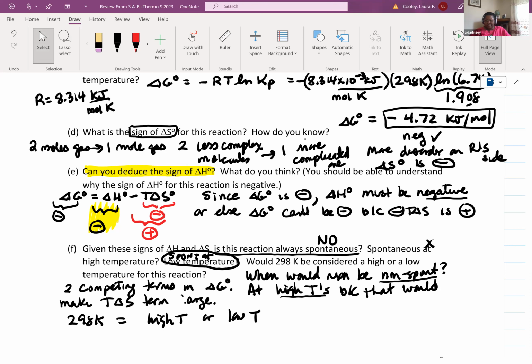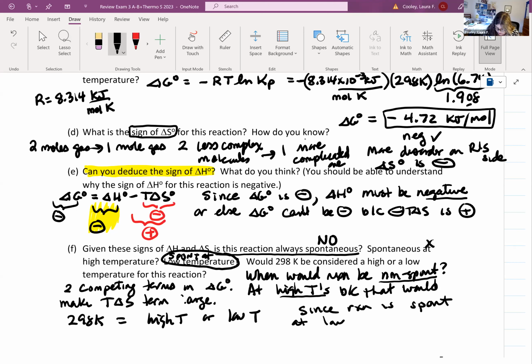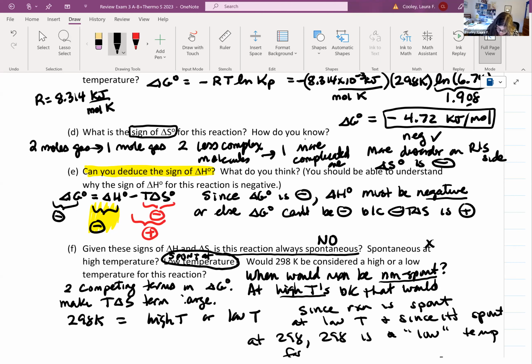Low? Right, because it's spontaneous. So since the reaction is spontaneous at low temperatures, and since it's spontaneous at 298, 298 is a low temperature for this reaction.